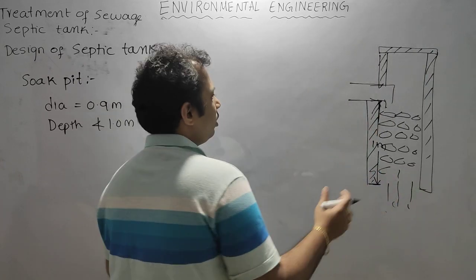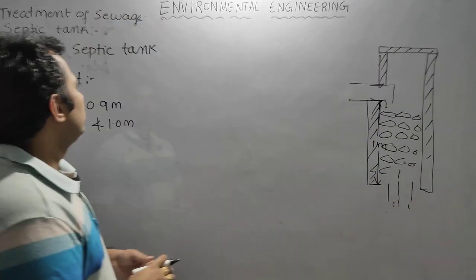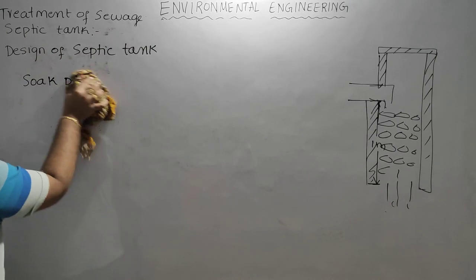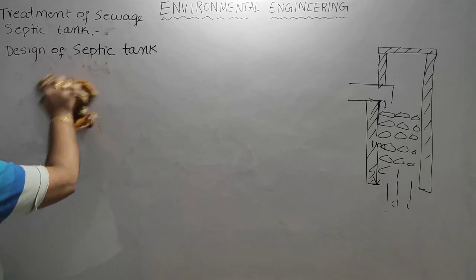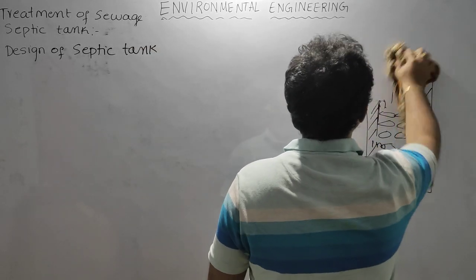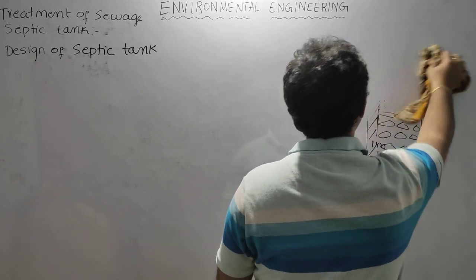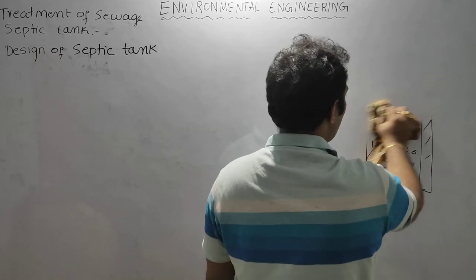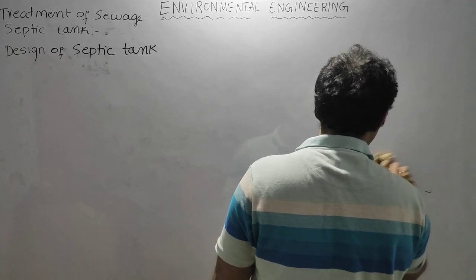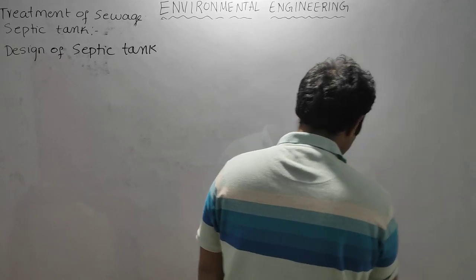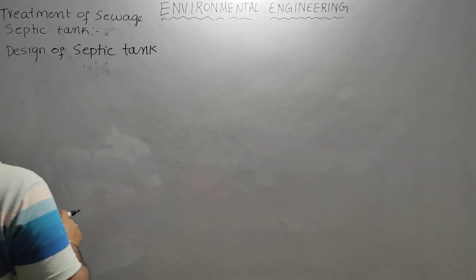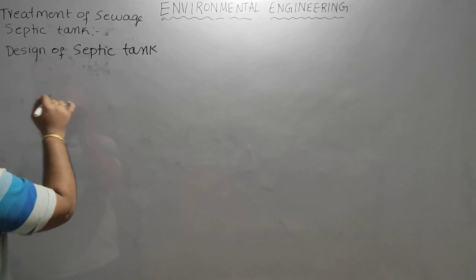Similarly, there will be a dispersion trench also. This dispersion trench will have a length of more than 30 meters generally. So it will have a length of around 30 meters or even more, depending upon the effluent BOD. So dispersion trenches.